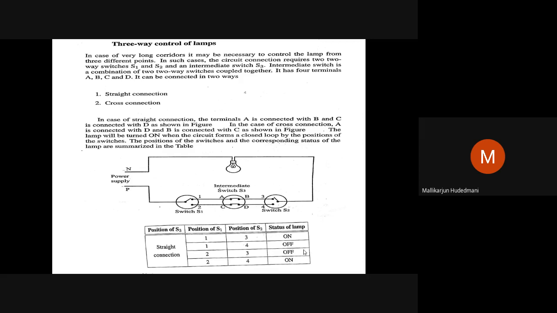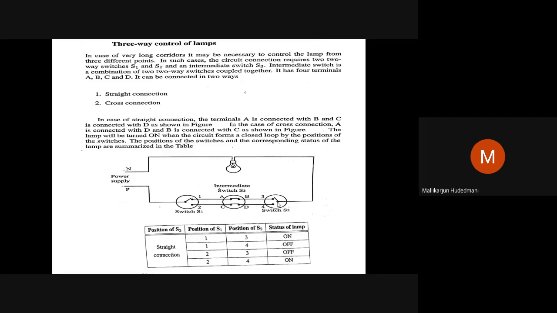No need to go to the garden again. At the extreme left or right corner of the building, you have S1, S2, you touch this or you touch this, whichever is close to you, automatically the lamp will go off. If it is off by chance, you want to get into the garden. Before getting into the garden, you toggle one of the lamp switches, the lamp turns on. Then you can get into the garden.